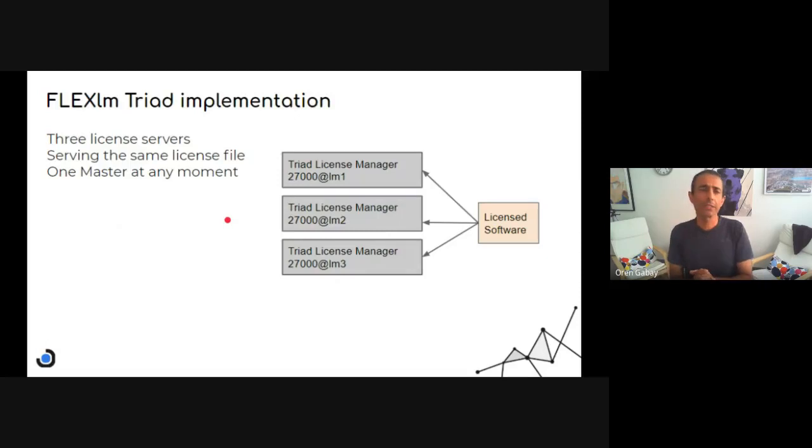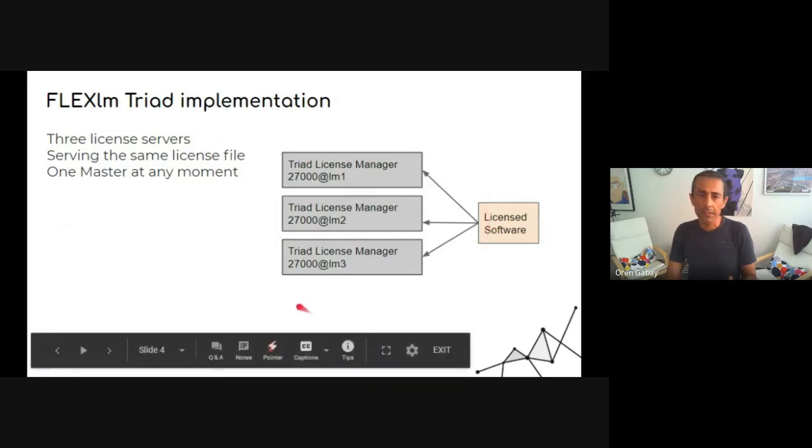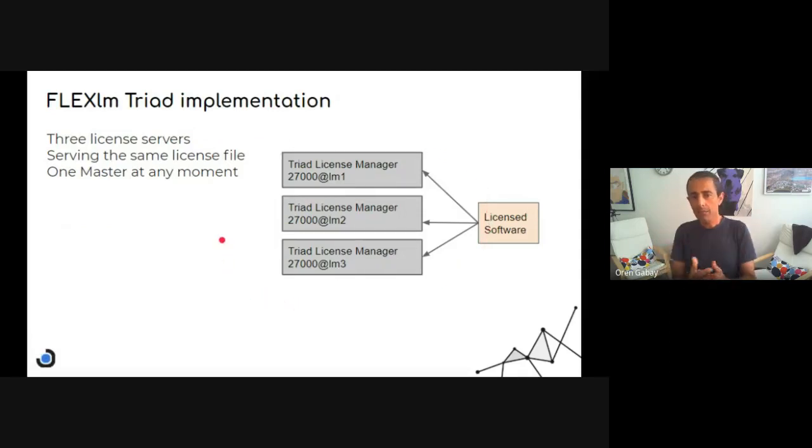So let's start with the FlexLM triad as an example for the first group. I'm not going into details because we'll have a dedicated video about that. The implementation is based on 3 license servers, all getting the same license file from the vendor. At any moment, there is one master, and the licensed software can connect to any of them.